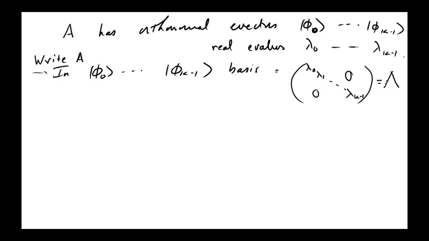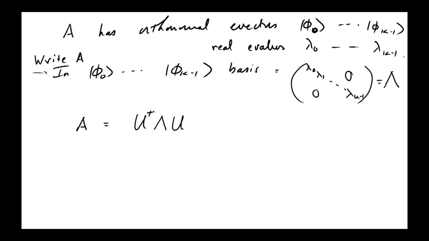Okay. So now we can write A as the following. If we first perform some unitary transformation, some rotation that rotates our standard basis into this basis of eigenvectors, then the action of A is just given by this diagonal matrix lambda. And then if you want to switch back to the standard basis, then we'd be applying the inverse of U, which is U dagger.